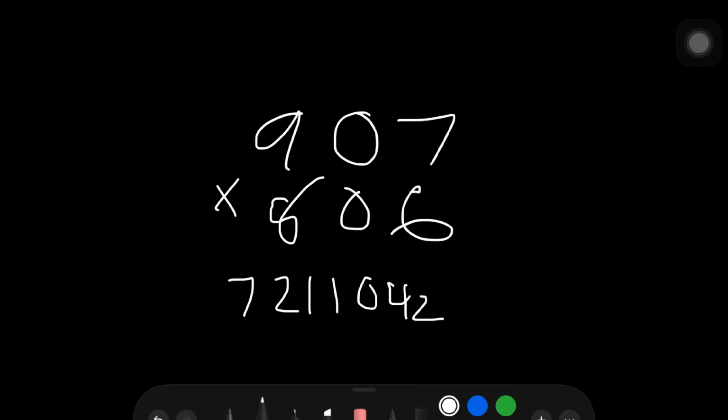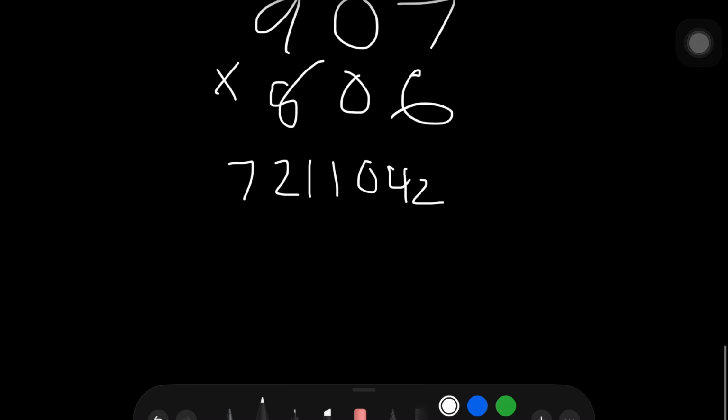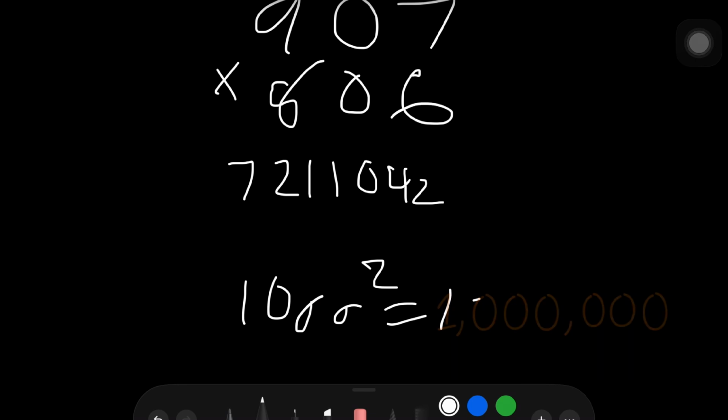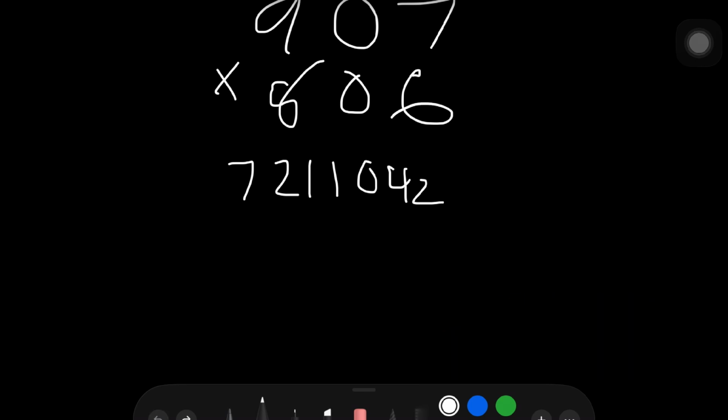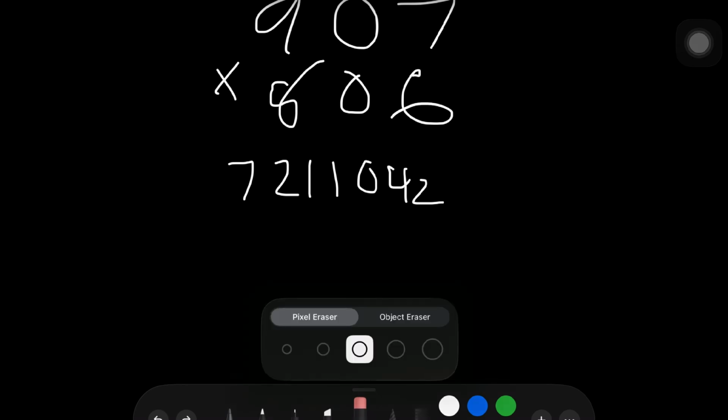But obviously that's not correct. Because only 1,000 squared is 1,000,000. But all 3-digit numbers are less than 1,000, so it can't be 1,000,000, and obviously can't be 7 million.